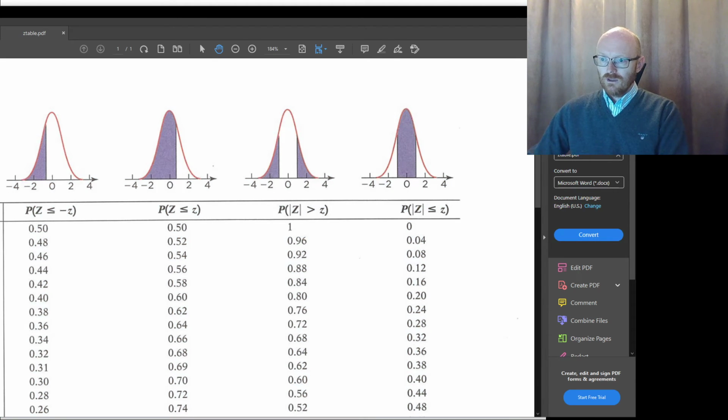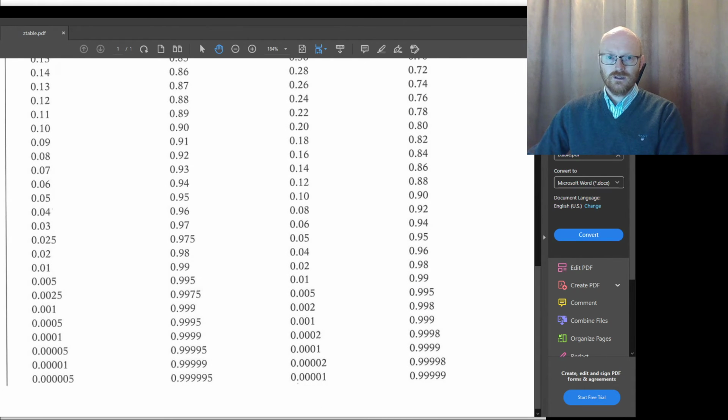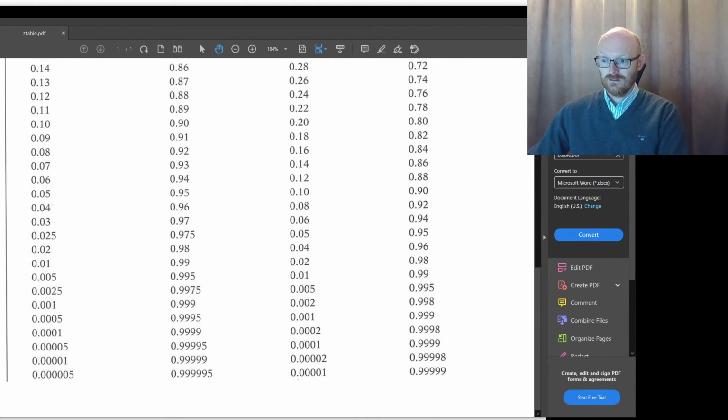So then we look at the z value, and our z value was 3.165, as you remember. So we go down here and we find that our z value is higher than this, but not as high as this z value, okay?